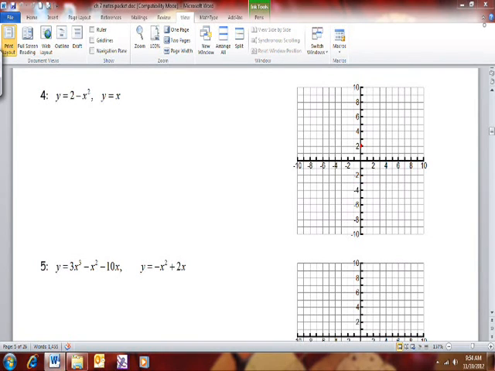So we're going up 2, and then the parabola opens down. There we go, and that's nice and symmetric. So there's a nice parabola. I'll try my best to go through those points. That's pretty good. And then y equals x, starting at 0.